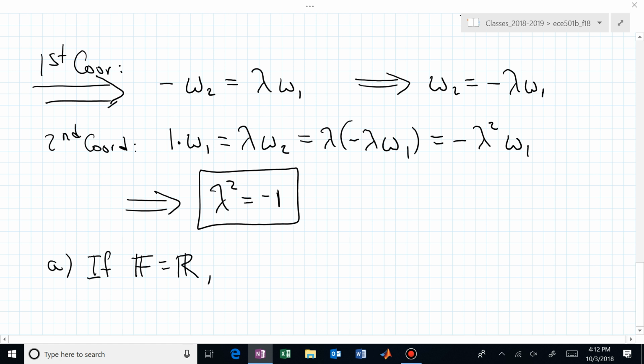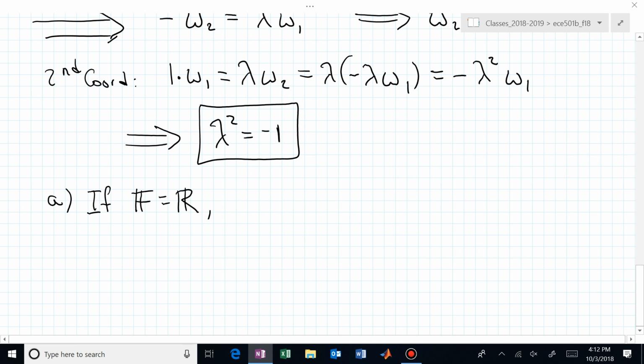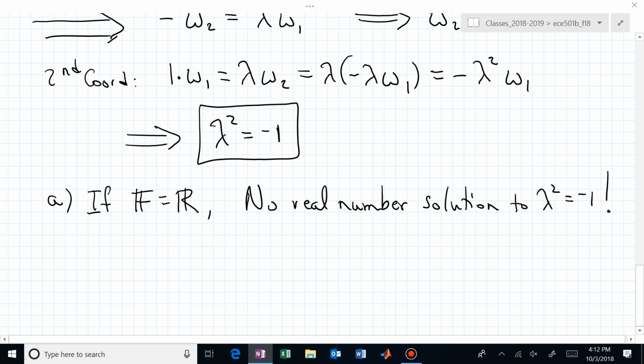What real numbers allow us to square them and equal minus 1? That's the whole point of why we developed complex numbers, right? Lambda squared plus 1 equals 0. So this says that no real number solution exists for lambda squared equal to minus 1.